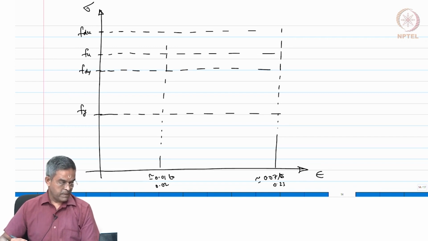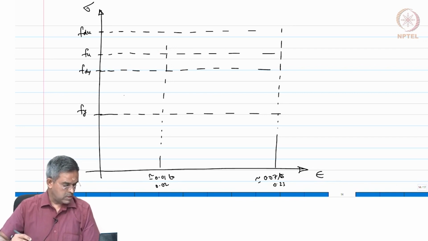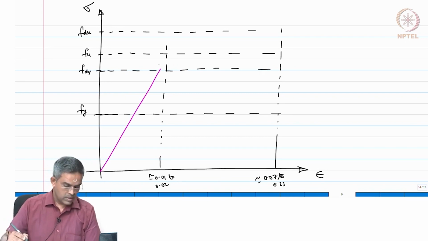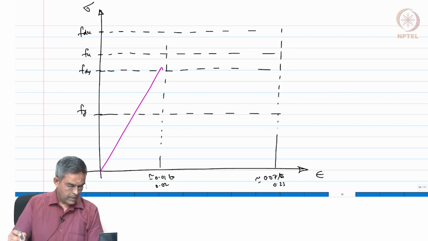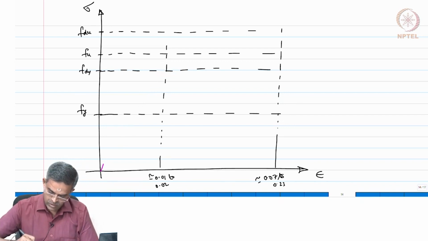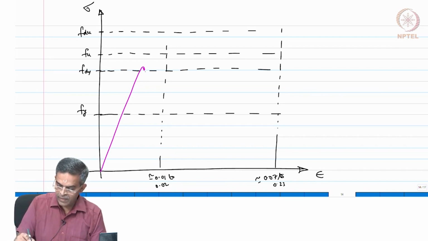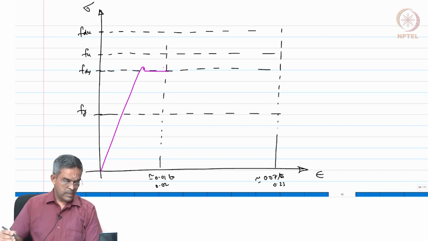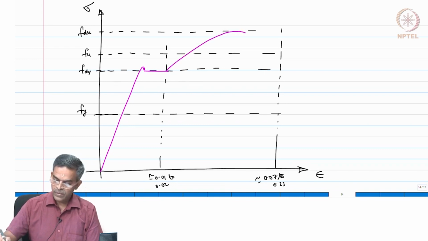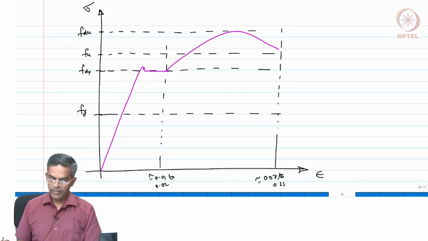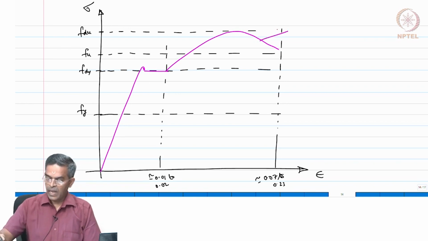So, let us say it goes till Fu, it crosses Fdu, takes a kink, develops a plateau and then goes to Fdu. Okay. This is for rapid strain rate.